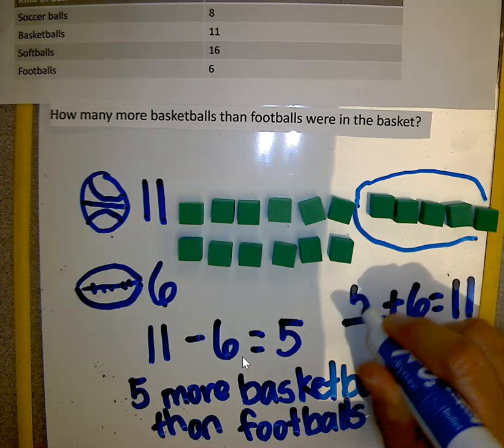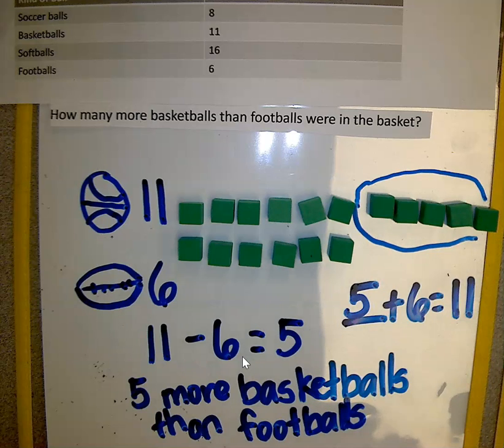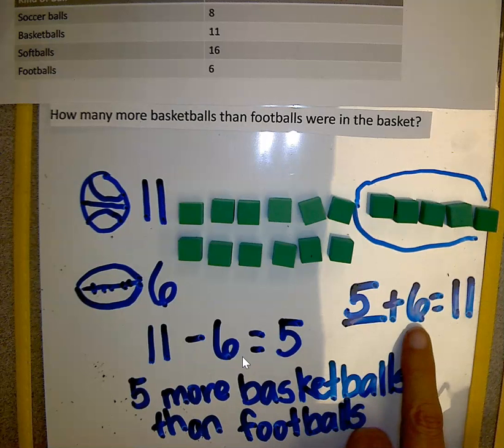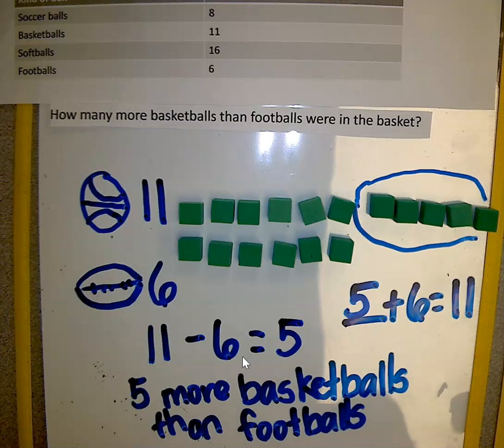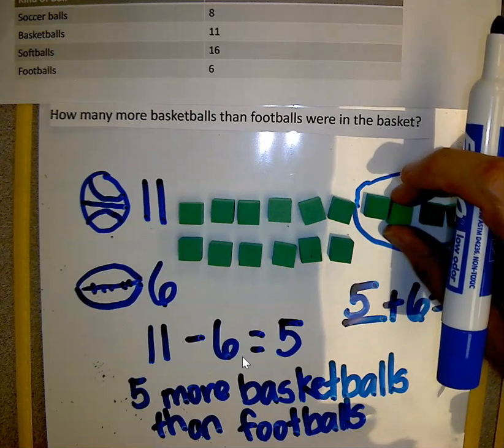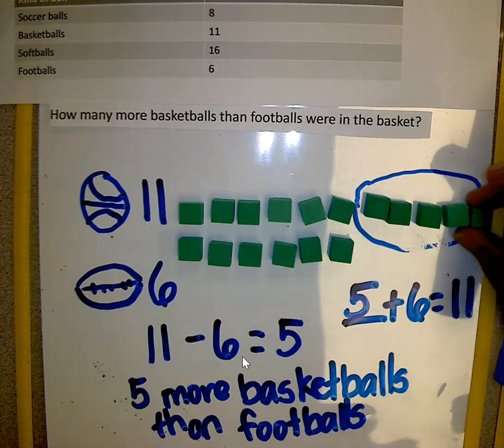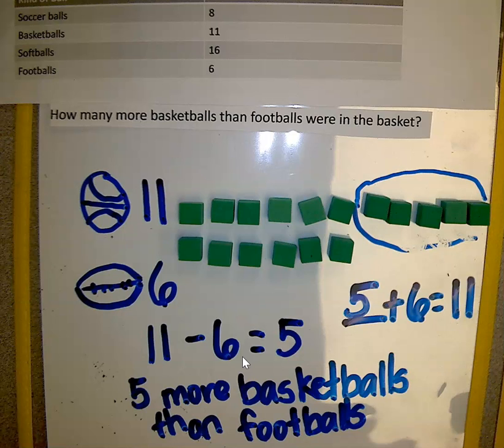So 1 less than that would be 5. Or I know 5 and 5 is 10 and 1 more is 11. So these are the ones that there are more of in the basket. Great job looking at data and problem solving.